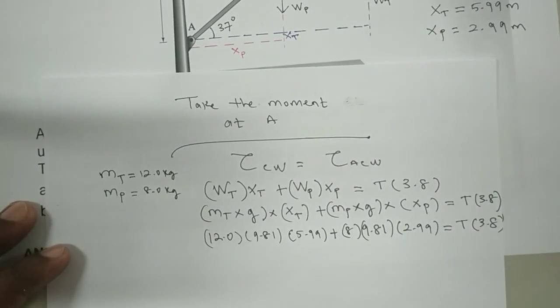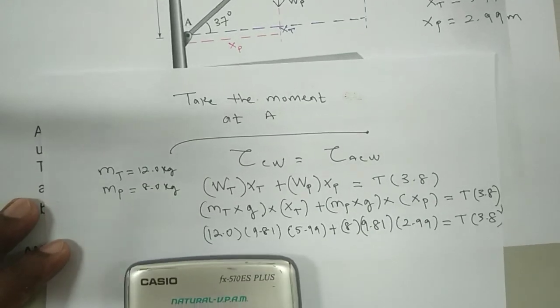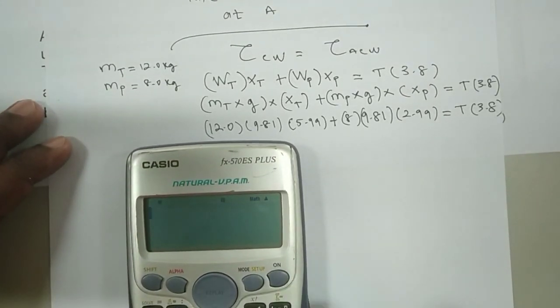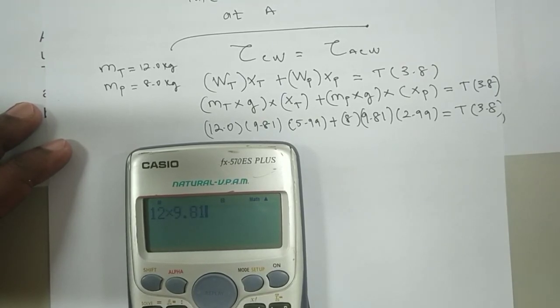So we're going to press the calculator. 12 times 9.81 times 5.99 plus 8 times 9.81 times 2.99 divided by 3.8.